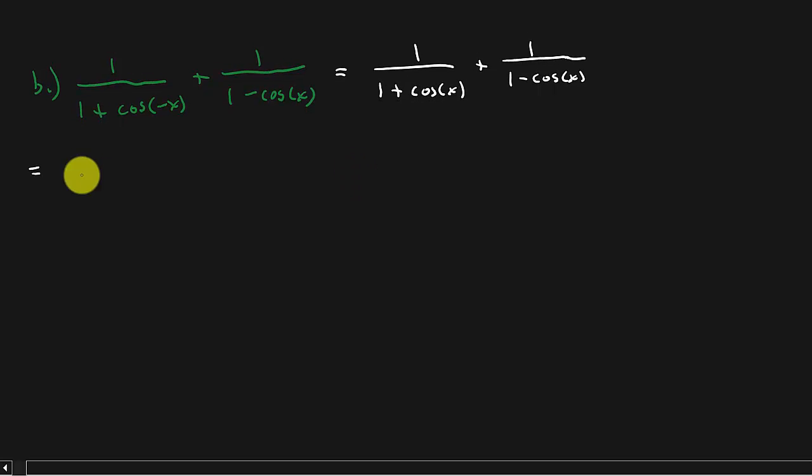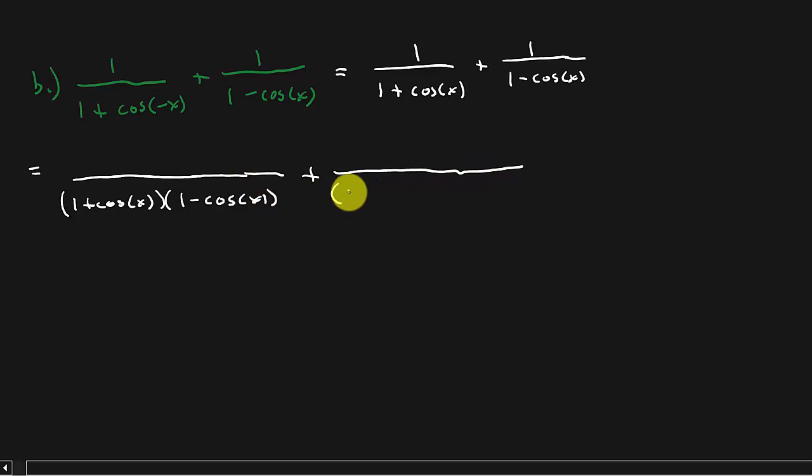So I need to get a common denominator, and that's going to be 1 plus cosine x times 1 minus cosine x. That's my common denominator. 1 plus cosine x times 1 minus cosine x. All right, so let's see what goes up here.